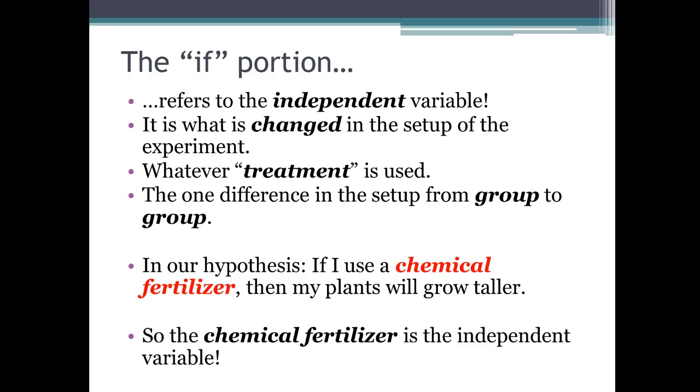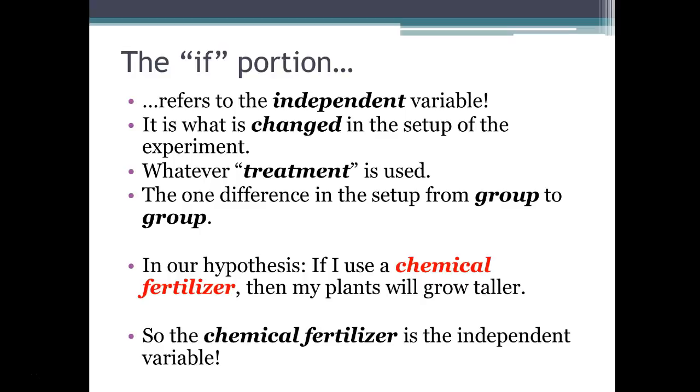If you write out a hypothesis that way, then the if portion will help you figure out the independent variable. There are different ways to define independent variable, dependent variable, and control, and I'll bet you've had some definitions in the past that may have even caused some confusion.